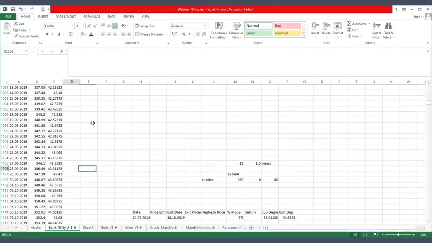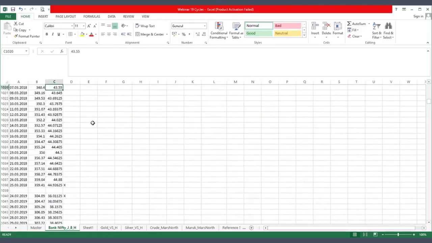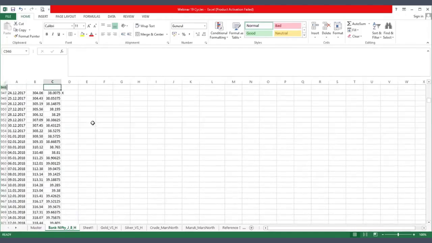Okay, let's see. So we had this cycle start from 24th July. Prior to this, if we go back 1.5 years, we will reach somewhere around the start of 2018. Let's see. So 38 degrees would have been around the end of 2017.